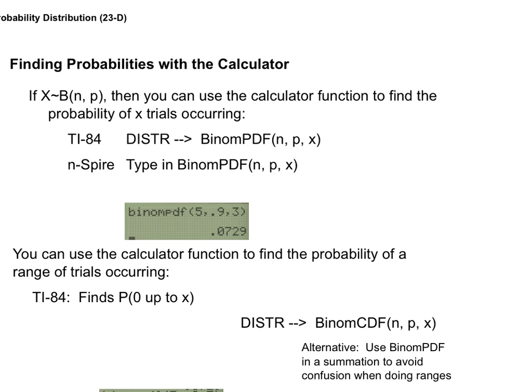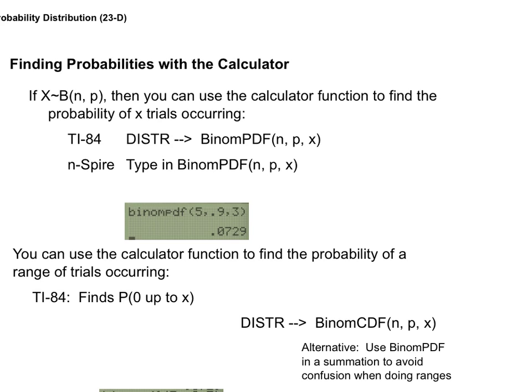Okay, so here we have X distributed binomially, with n and p. Now n is the total number of trials we can expect, the number of trials. And p is the probability of success.